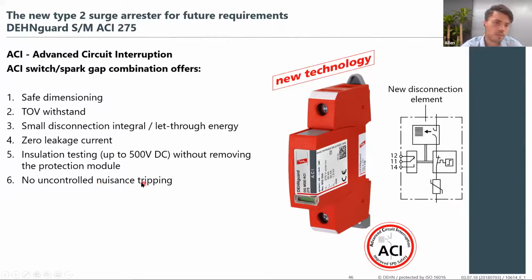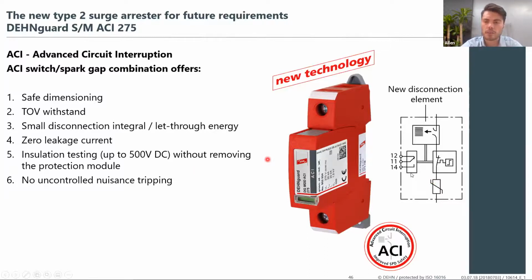Another feature for this SPD is that it has zero leakage current. Usually with MOVs, they degrade over time and start leaking current, which can cause nuisance tripping. Now, this is dealt with due to this disconnecting element at the top, which is in normal operation open circuit, so your MOV isn't subjected to any voltage stresses over the course of its lifetime.